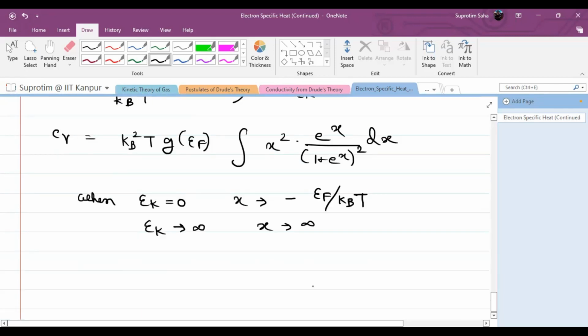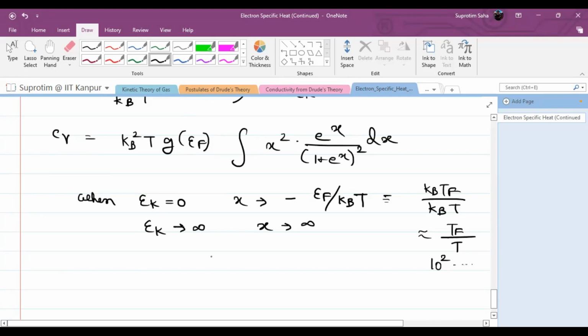But remember, this E_F over k_B T is k_B T_F by k_B T, so essentially T_F by T. This is at least two orders of magnitude greater, so in principle this is very, very large.